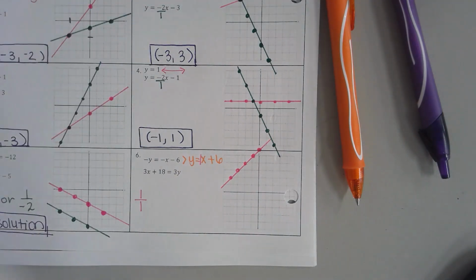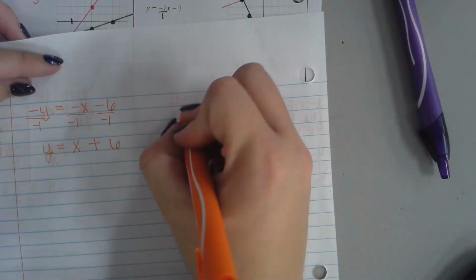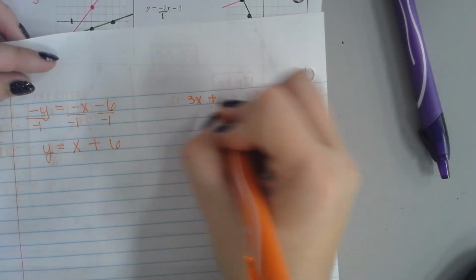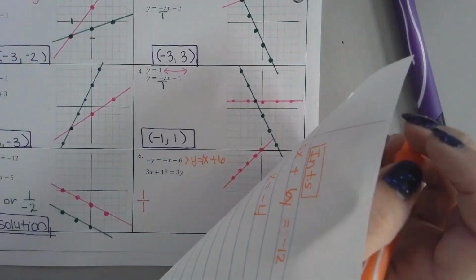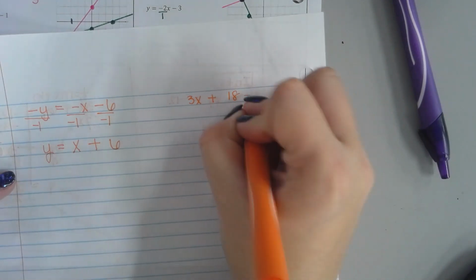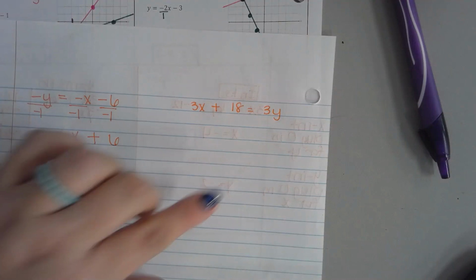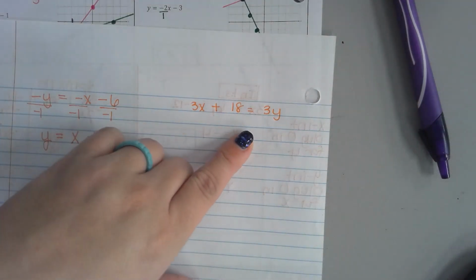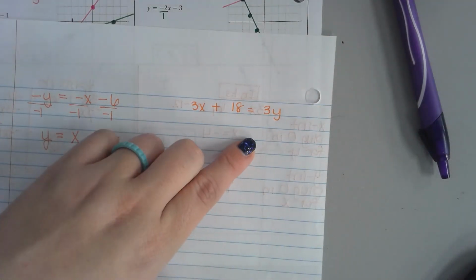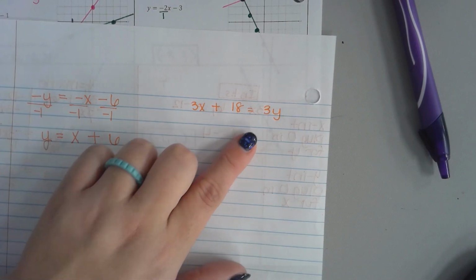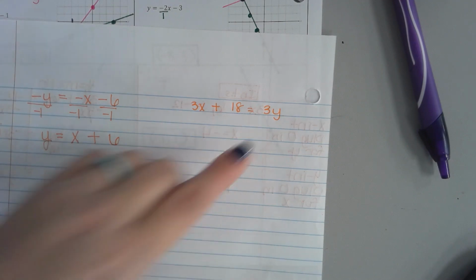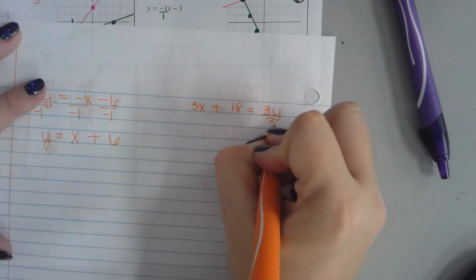Now my other line is 3x plus 18 equals 3y. Is my y by itself? No, it's almost by itself. There's really only one little thing over there, so how could I get rid of the 3? Divide everything by 3.